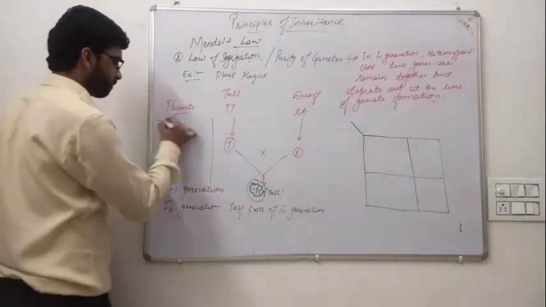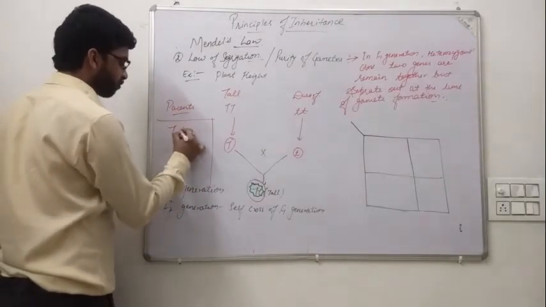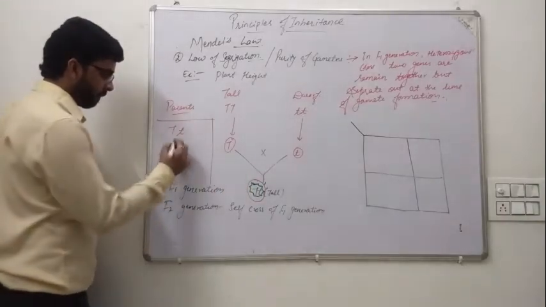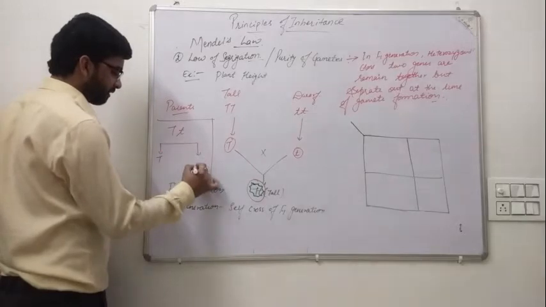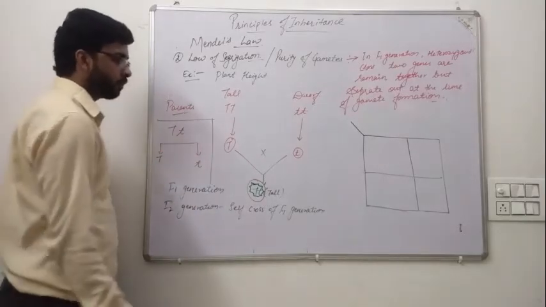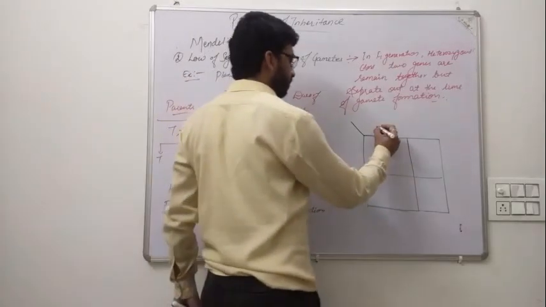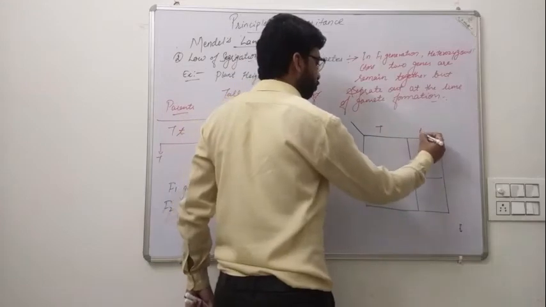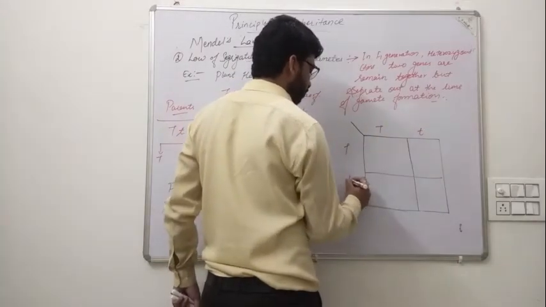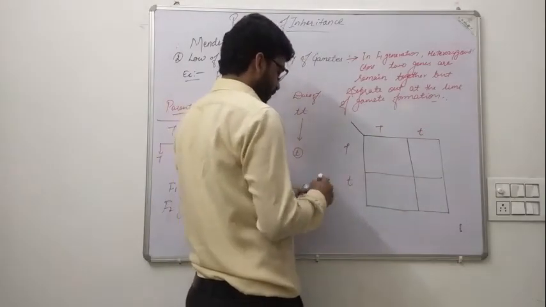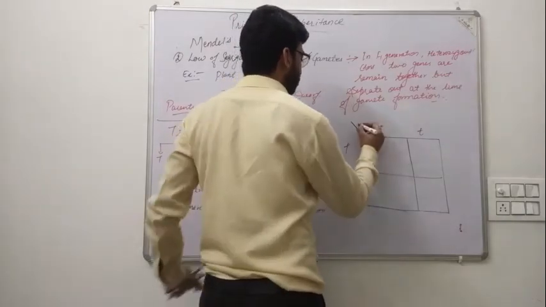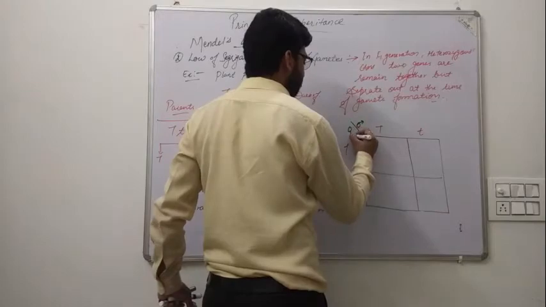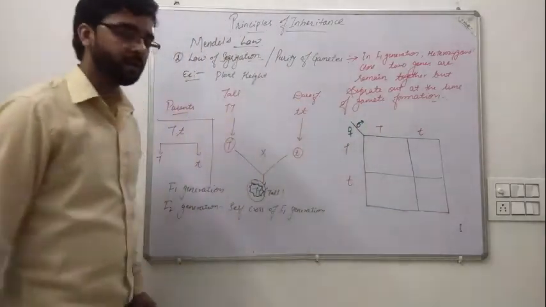The F1 generation forms two types of gametes, capital T and small t, which separate out. Here we write capital T, small t, capital T, small t. One side is for the male character, the other for the female character.